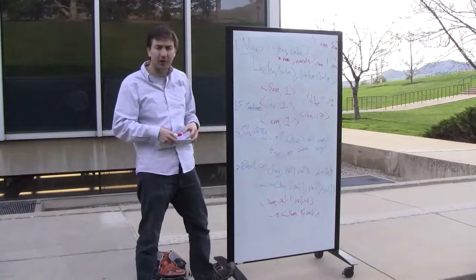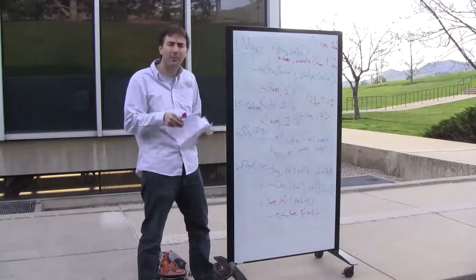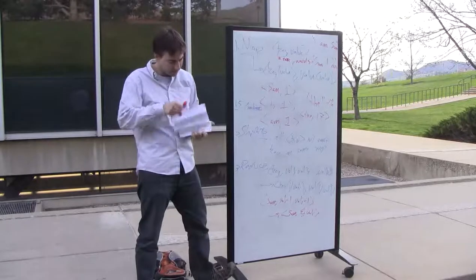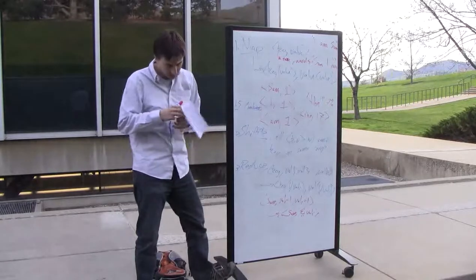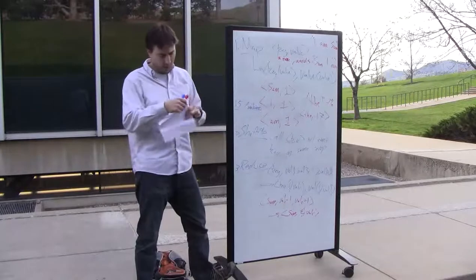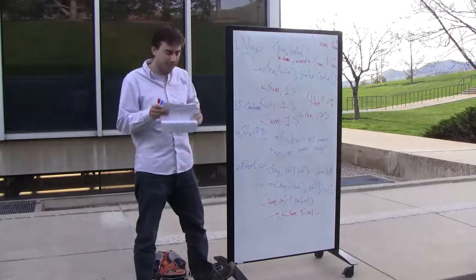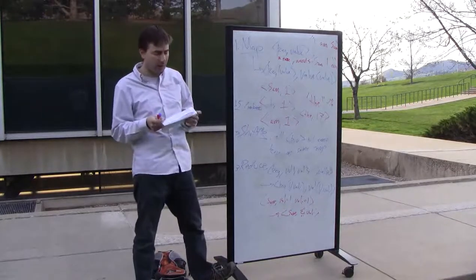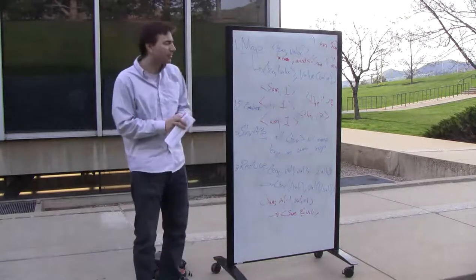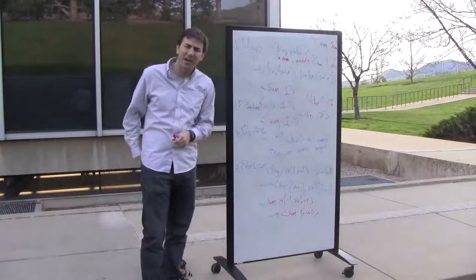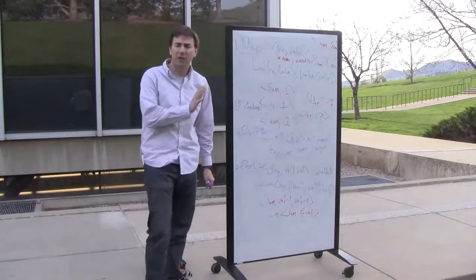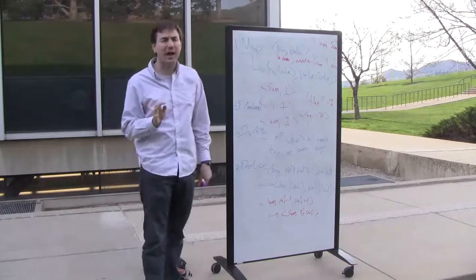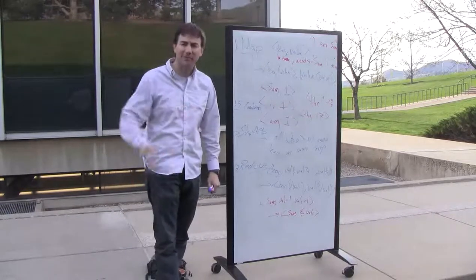Okay, so now I was just going to go through a few more example programs. We'll spend Monday going through some slightly more complicated things about how to do PageRank inside MapReduce.